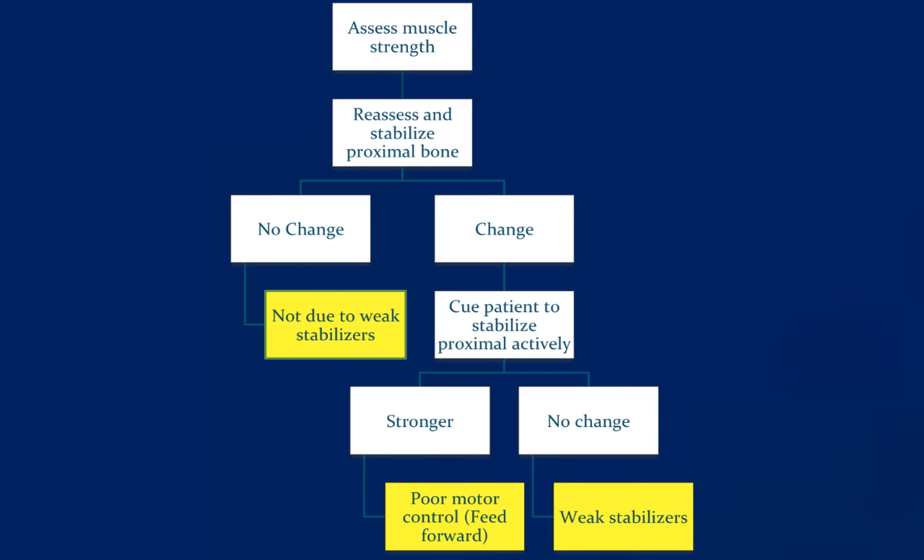So the next step is to cue our patient to stabilize proximal activity. If they're stronger, that says that the patient has poor motor control or feed-forward system, and we have to work on that with them. If there is no change when you cue them to stabilize, this is going to be indicative of weak stabilizers.